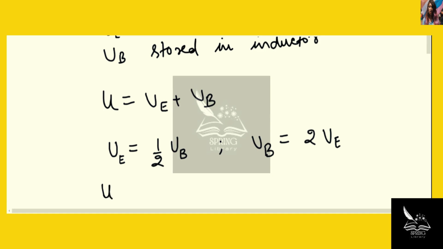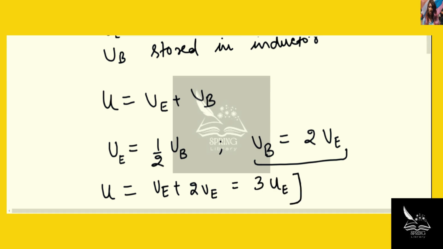Now the total energy is equal to UE plus UB, which is equal to twice UE. So we can write the total energy is equal to 3 times UE at the time when the energy in the electric field is 50% of that in the magnetic field.